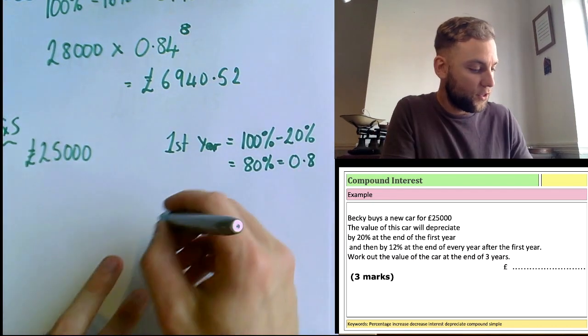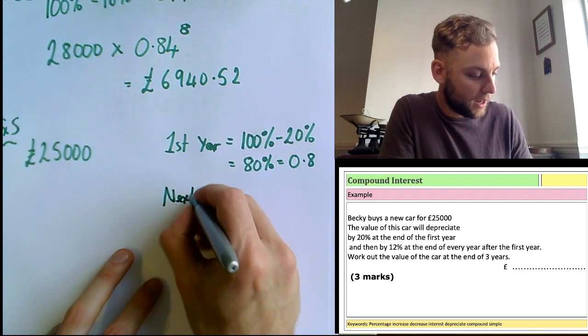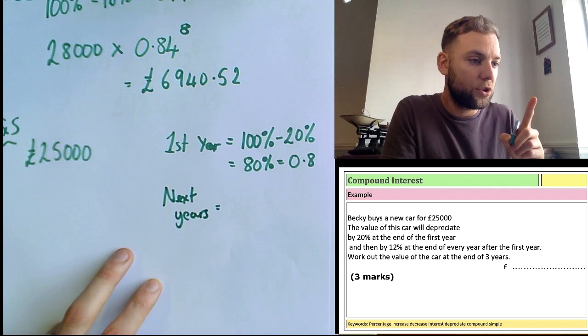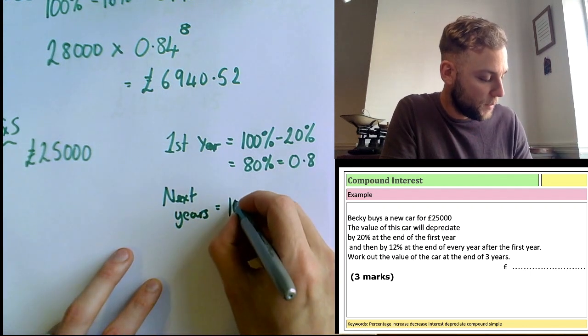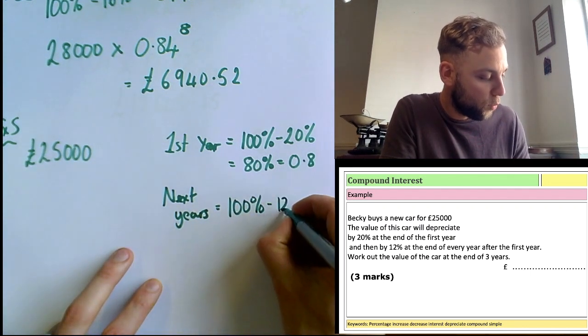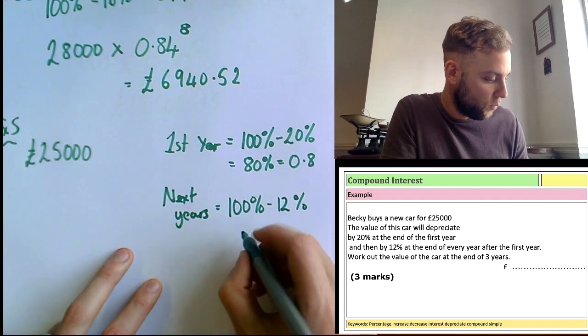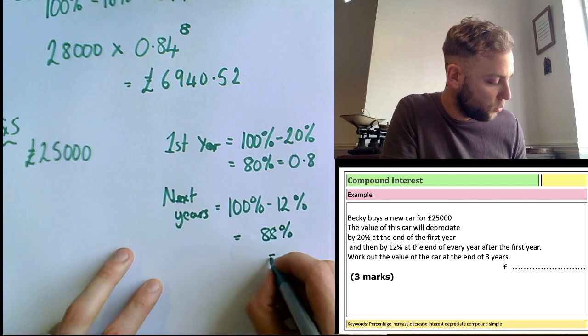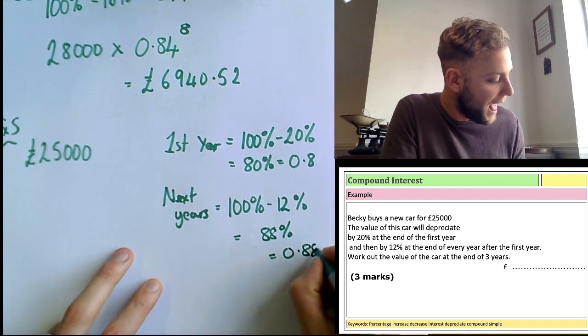So for the next years, I'm going to write here next years. It's a reduction of 12%. So it's going to be 100 minus 12%, which is equal to 88%. And as a multiplier, that's equal to 0.88.